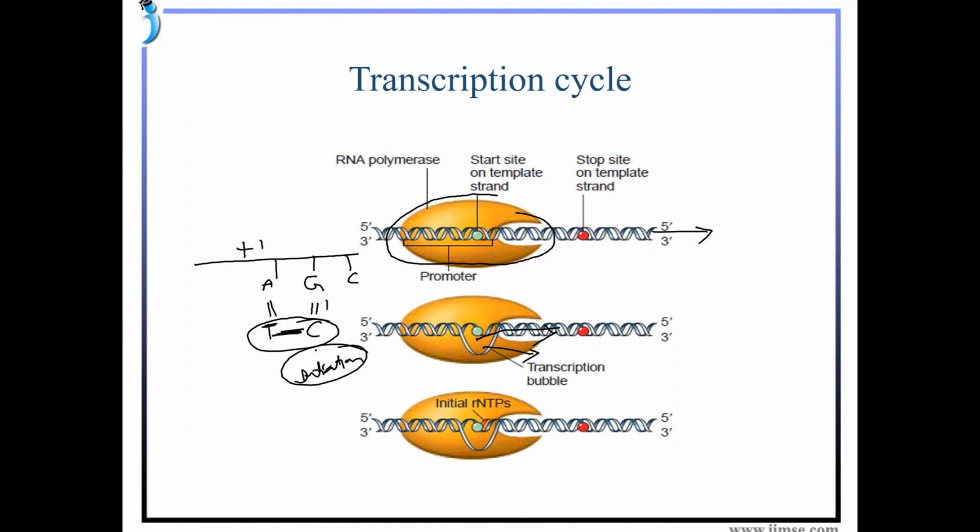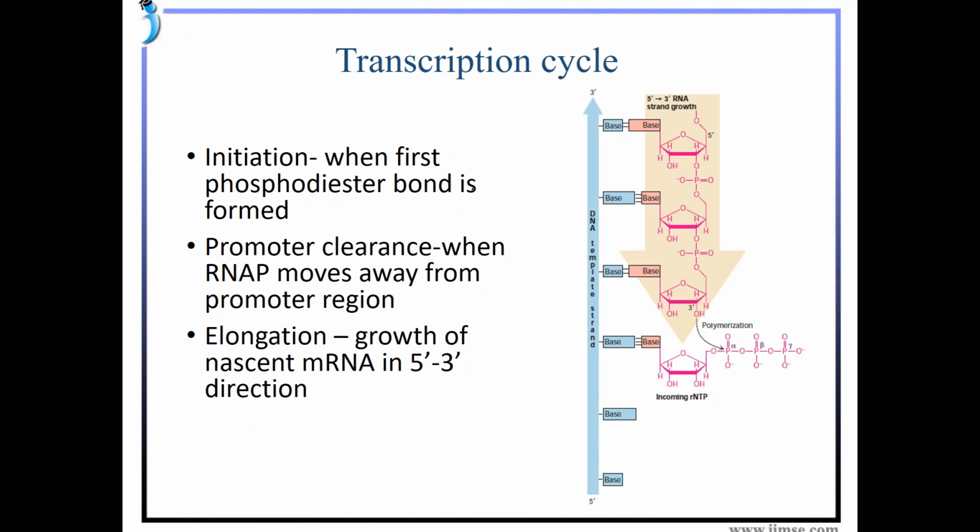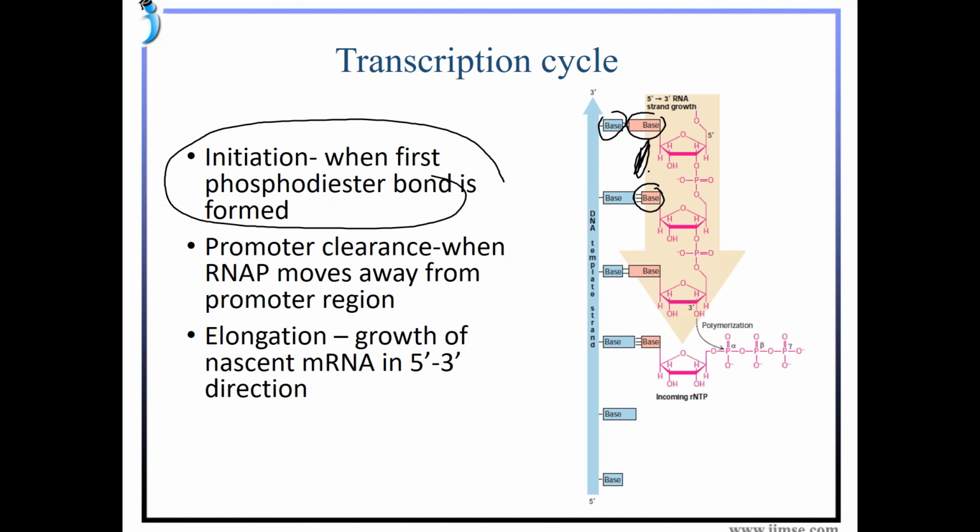Now you can say that transcription has been initiated. So what is initiation? The first phosphodiester bond is formed. You can see here clearly, this is your first base, and once this binds, it is not called initiation. When the second base binds and there is formation of a phosphodiester bond between these first two bases, then it is called initiation.